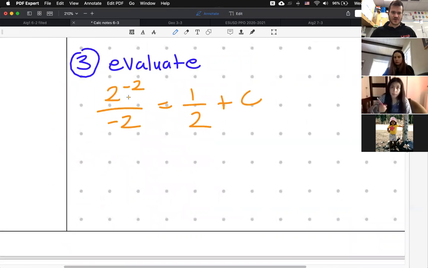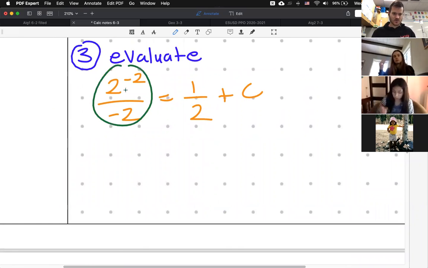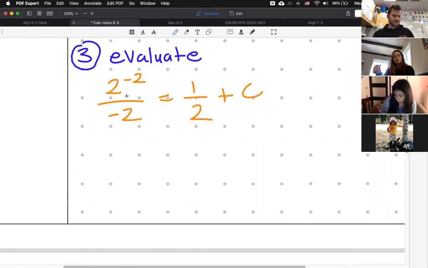2 to the -2. I don't like negative powers personally, especially when I'm just dealing with normal numbers instead of variables. How can you simplify 2 to the -2 over -2? Do you take out a -1?